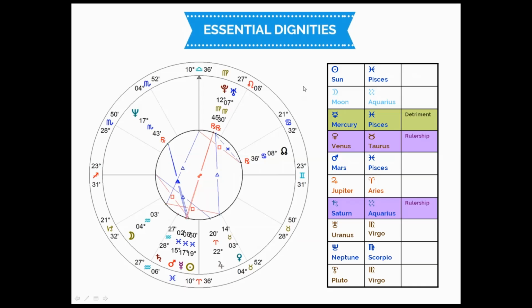In this chart, we see that Mercury is in Pisces, which is the sign of its detriment. It's difficult because Mercury's work is about being logical and sequential and keeping ideas organized and communicating in a straightforward, clear way. Pisces doesn't work that way. Pisces is prone to intuitive leaps of fancy. So it's an excellent Mercury placement for a creative or artistic person.